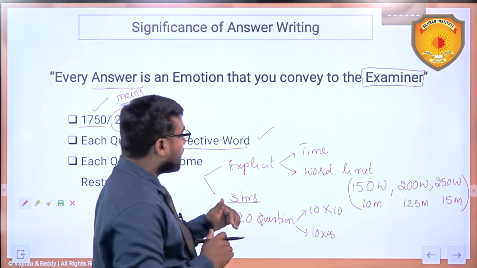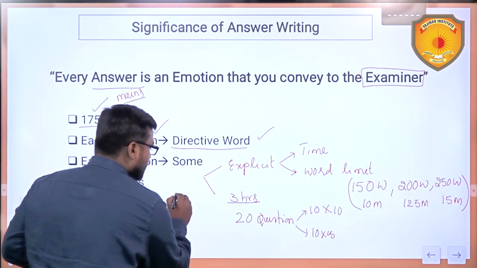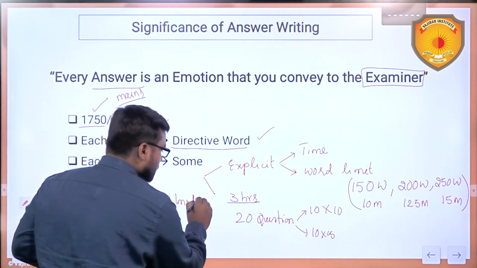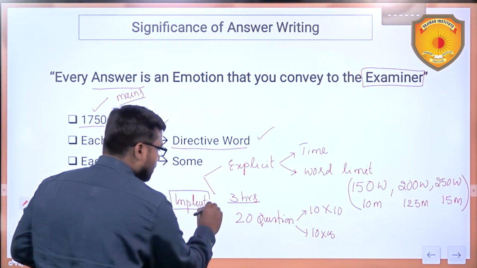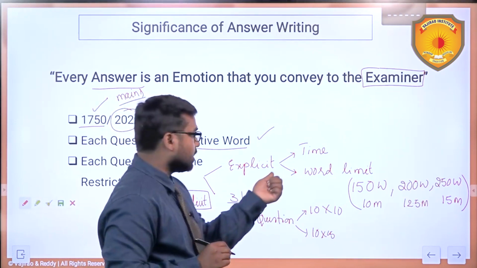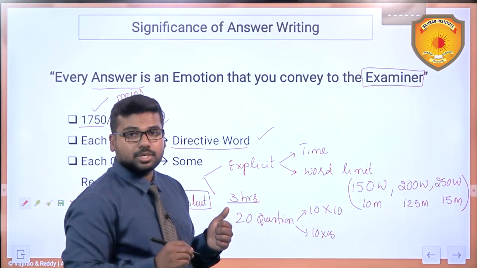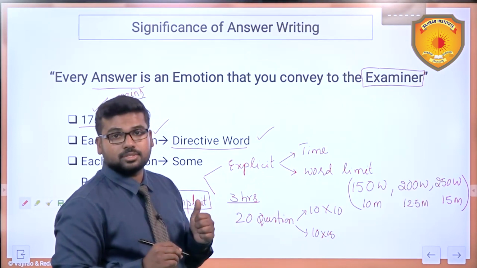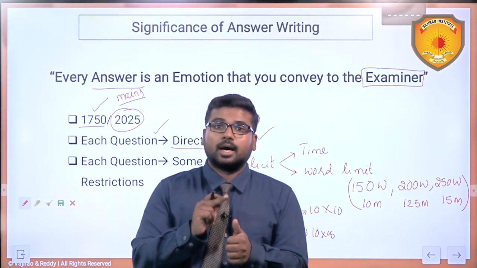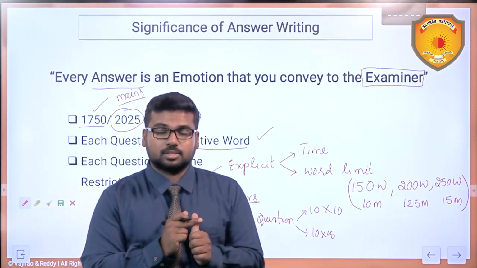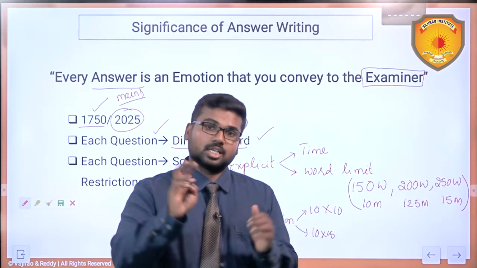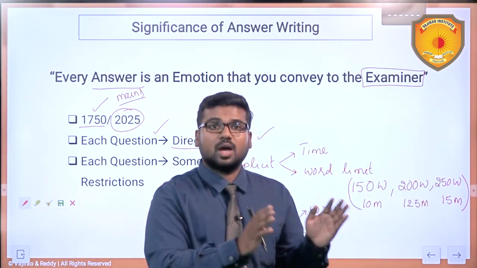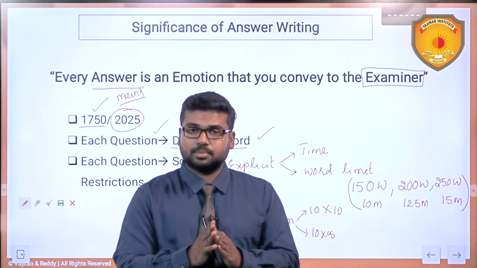Then apart from that, there is also one implicit restriction. Before going into this implicit restriction, let's see one more explicit restriction, that is the number of pages. For a question of 150 words, 10 markers, you have 2 pages. The space is already predetermined. You have to write your answer within that space.